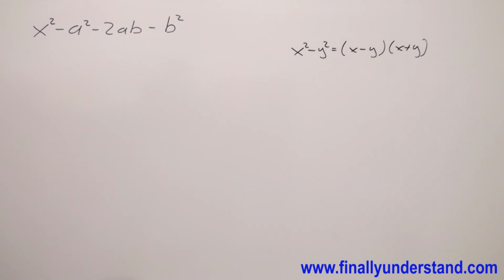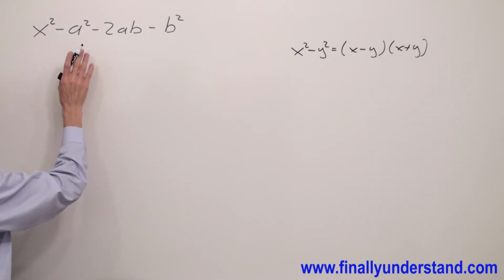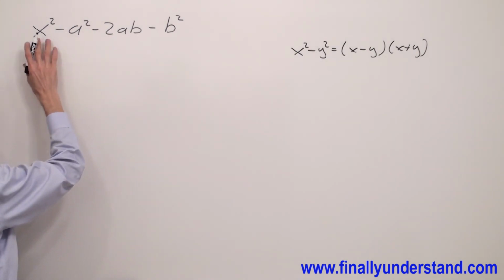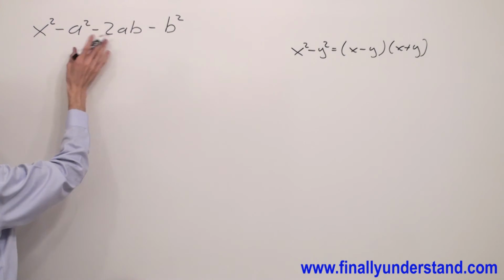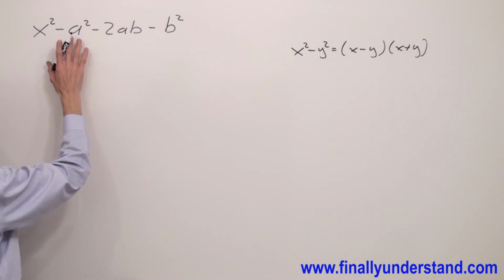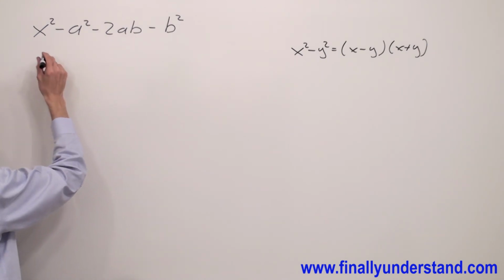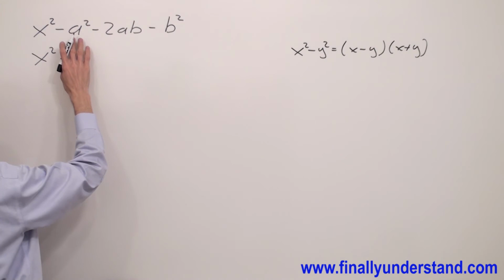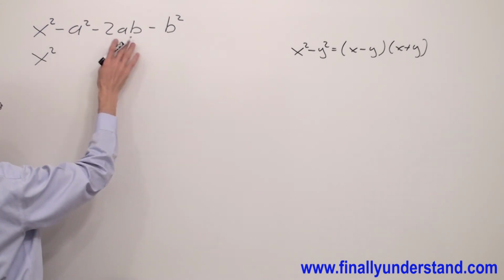In this example, just take a look at the second part of the problem. I consider this as the first part and this is the second part, because this one has variable x and these have a and b variables. So that's why I'm going to write x squared and I can factorize negative 1 from all these terms.